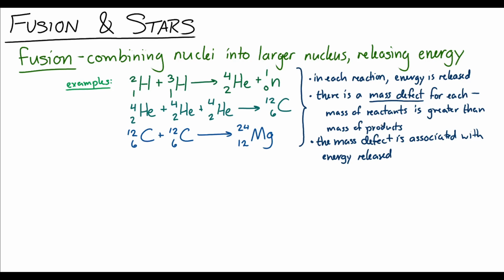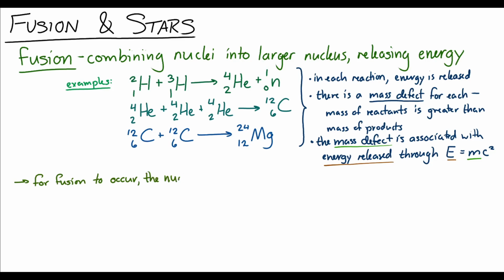And just like in the past, the connection between the mass defect and the energy released is found through E = mc². So for any of these fusion reactions to happen, the nuclei must combine. And in order for that to happen, those nuclei have to come together and overcome the Coulomb repulsion.